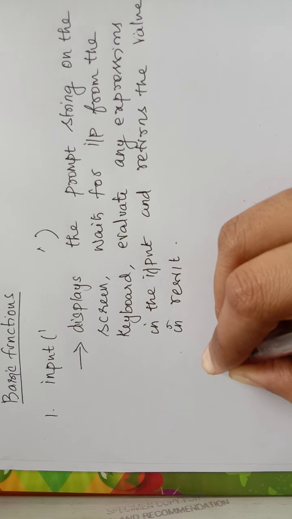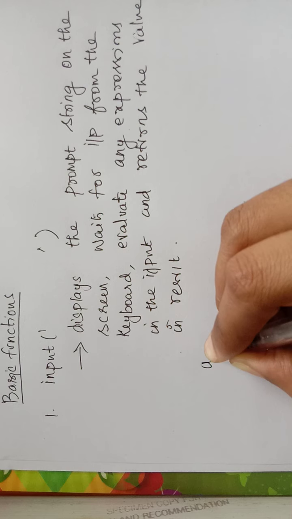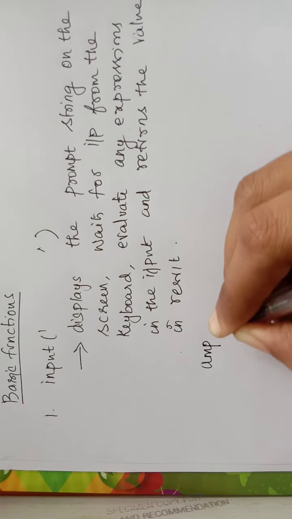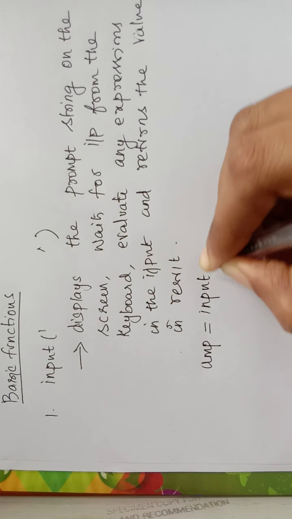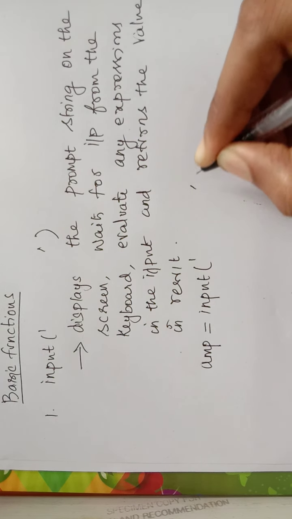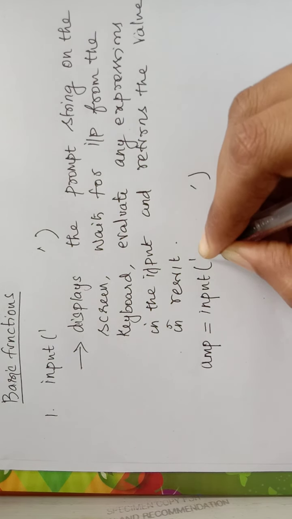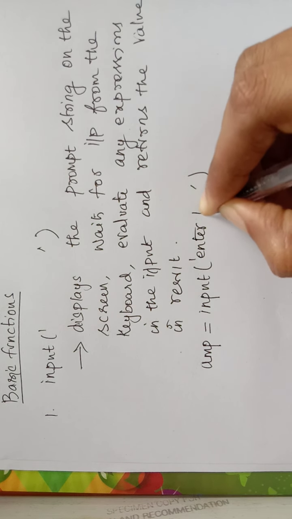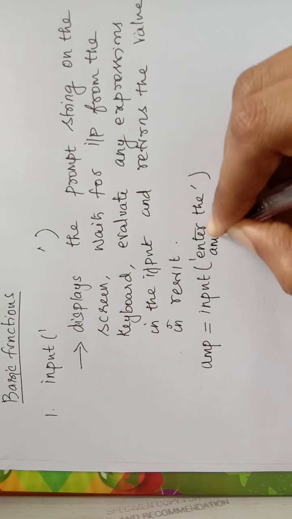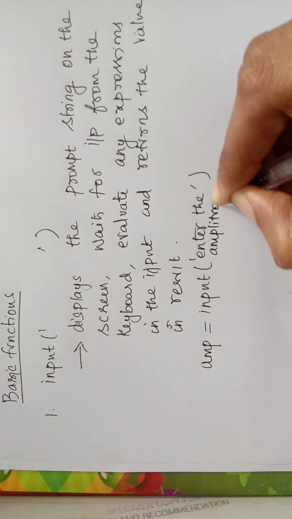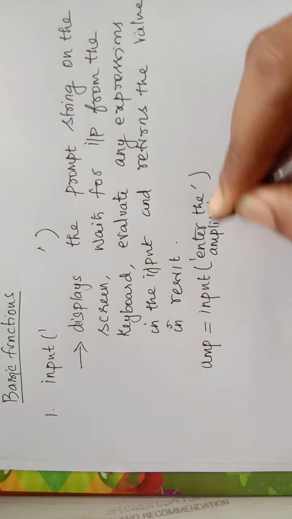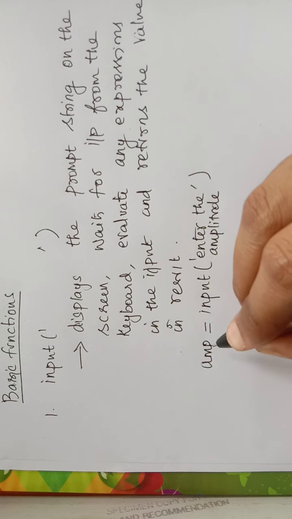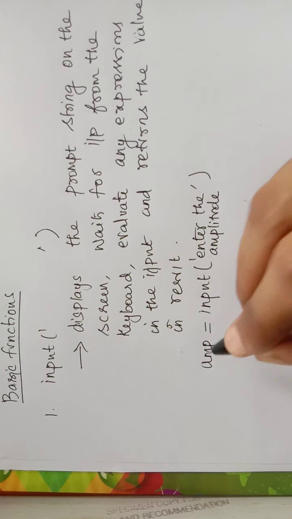I use a variable known as amplitude and the function input. Within the quotes, I give a message, enter the amplitude. When this instruction executes, the value we enter will be assigned to that amplitude.